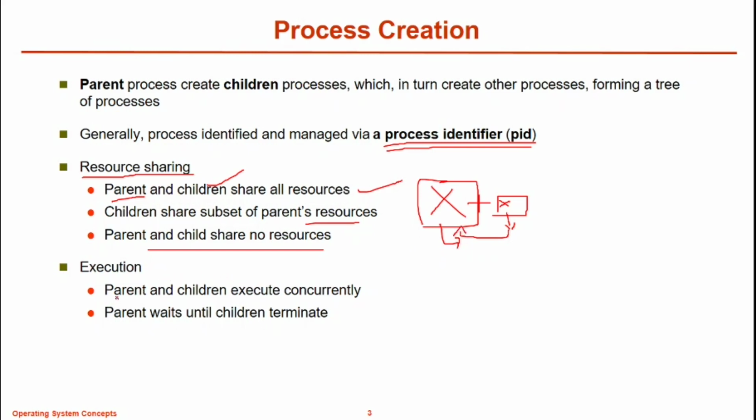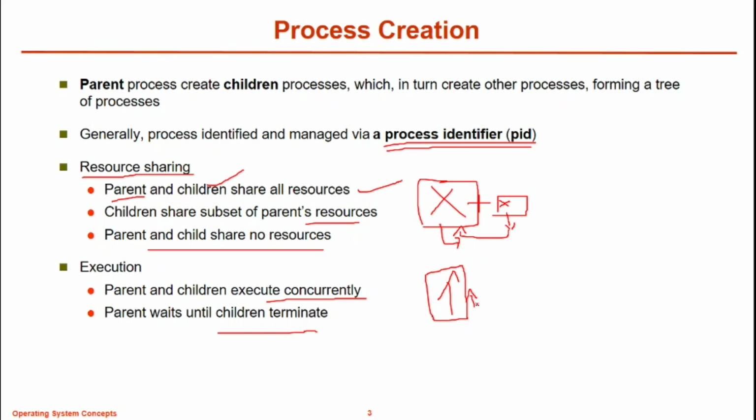Execution. Parent and children execute concurrently. Parent waits until the child terminates. So the two processes, parent and child, execute concurrently, but the parent cannot terminate immediately after its work.